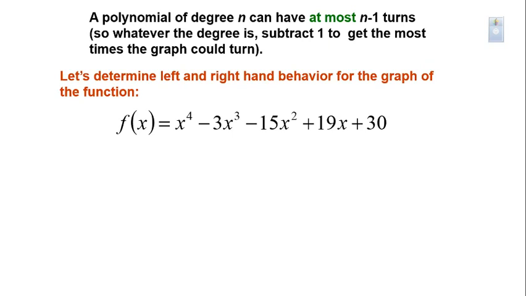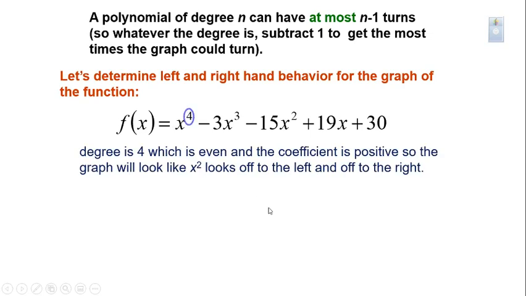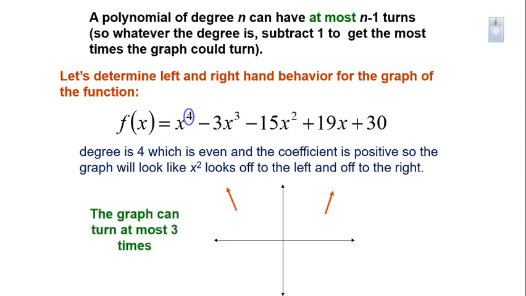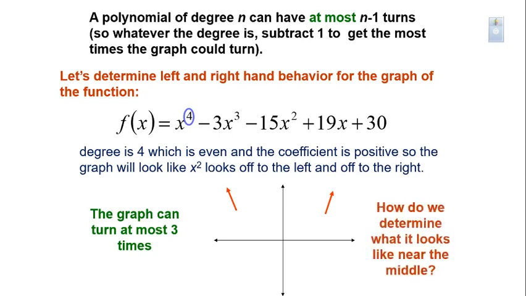Since the degree is even and the coefficient of x to the 4 is 1, the leading coefficient is positive, so of course the end behavior is rising at both ends. As x approaches positive or negative infinity, the graph approaches positive infinity. Now, as you can see, since the degree is 4, the graph will turn at most 3 times. So let's see what is probably going on in between.